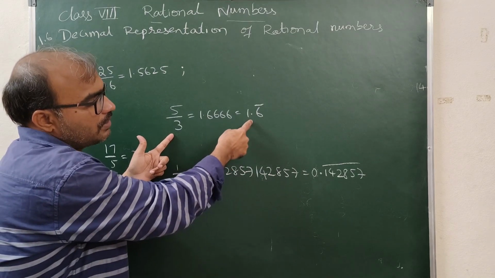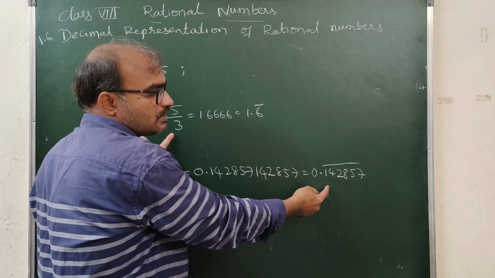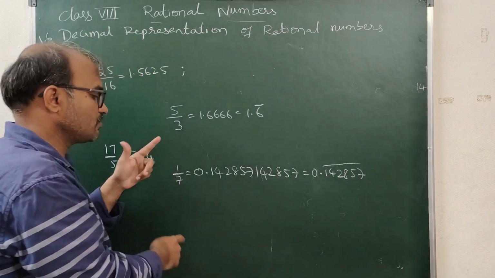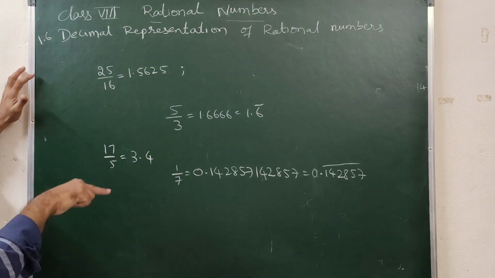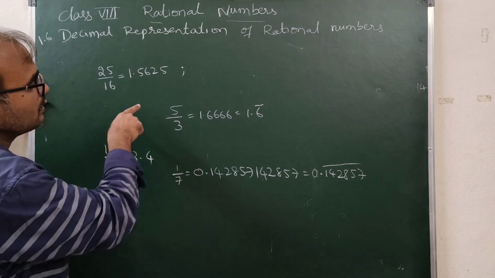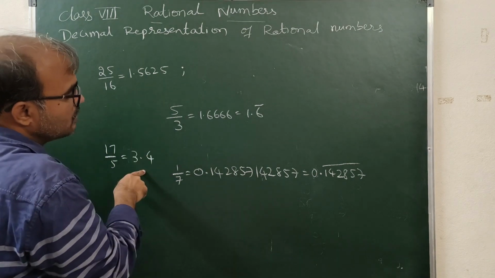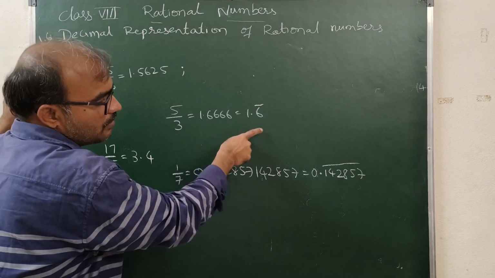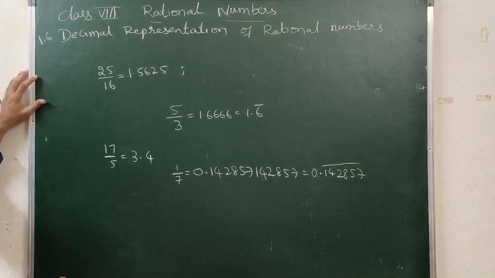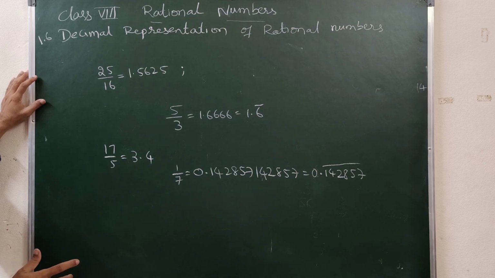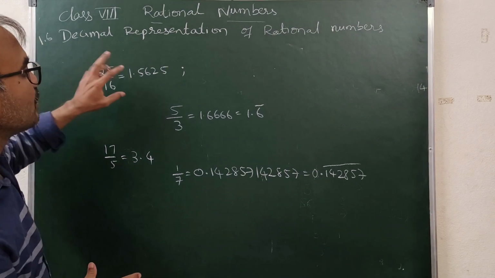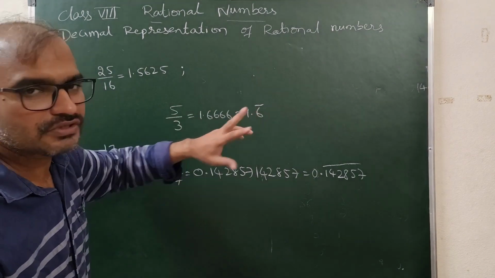It is a non-terminating repeating decimal. This is also a non-terminating repeating decimal. In that way, all the fractions can be represented in the form of terminating decimal numbers or non-terminating repeating decimal numbers. But you have to have some clarity on when the numbers will terminate, when the numbers won't terminate.